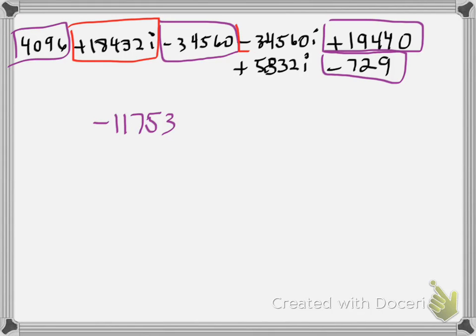And I'm writing it in standard form, so I'm going to do the I part second. And when I do that, I get -10296 I. So we're now finished doing Chapter 5, section of it.